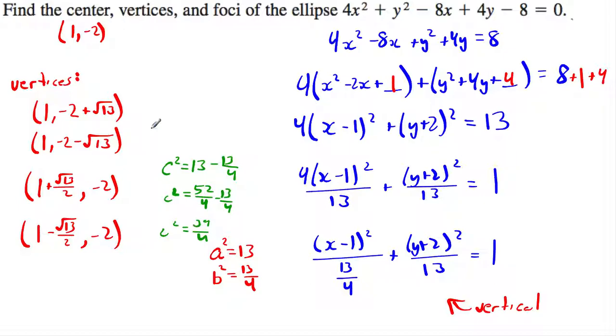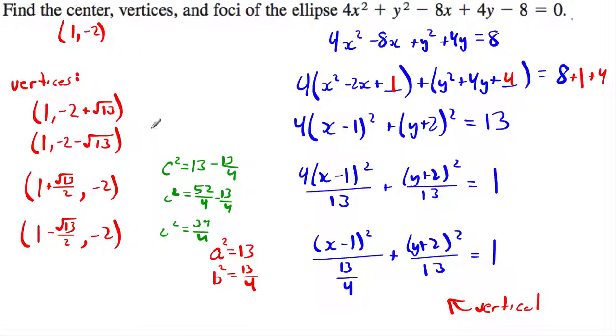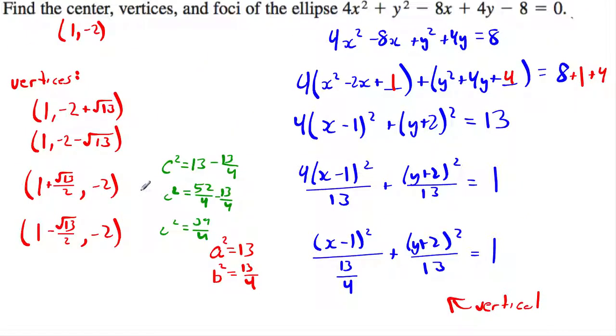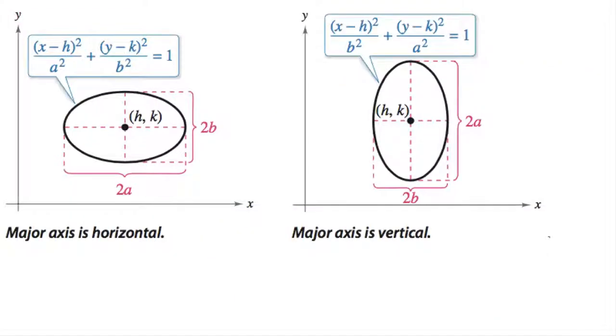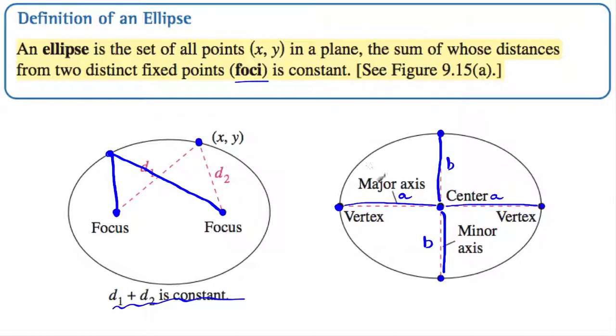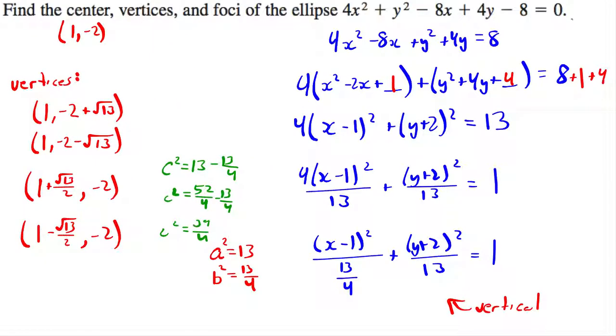Right. So what we want to do next, I guess I could have divided, it doesn't matter. All right, so the foci are going to be on the major axis. So where's that good picture? Right, so the foci are along the major axis, and they're c distance away.